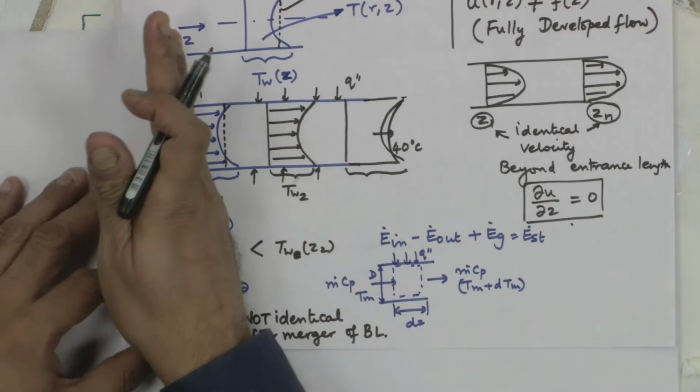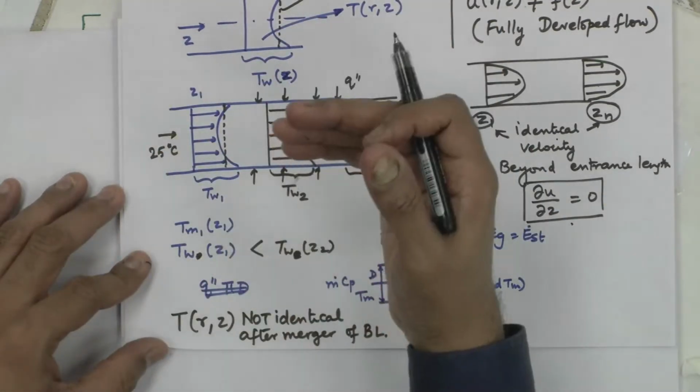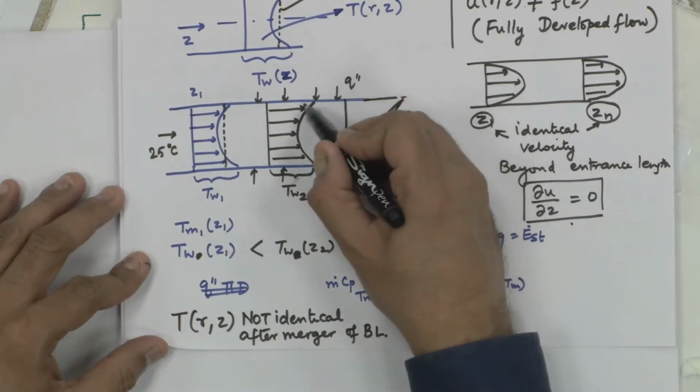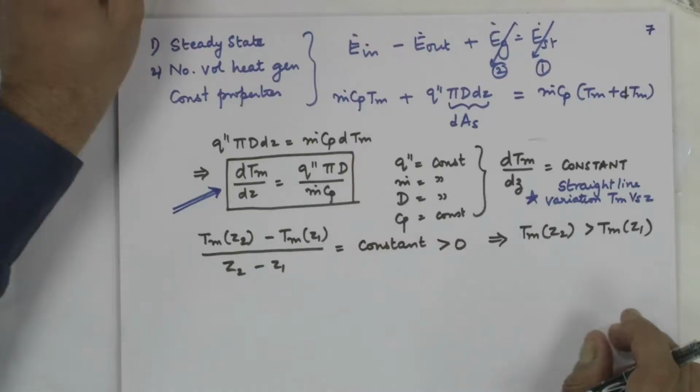In heat transfer, because I am dumping heat physically into the fluid, the temperature locally is changing, and the bulk mean temperature also is changing. So the problem with heat transfer as opposed to hydrodynamics is that you have one major additional complexity, and that complexity is the fact that your temperatures are changing locally.